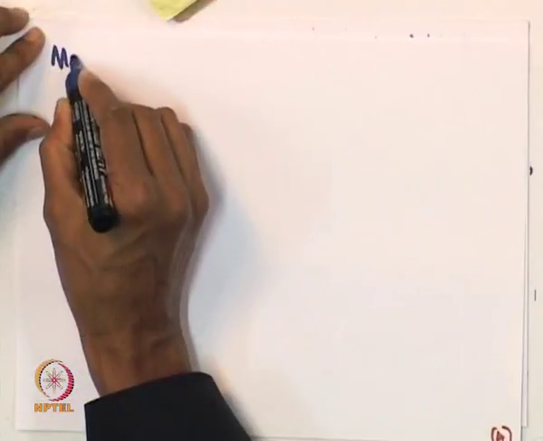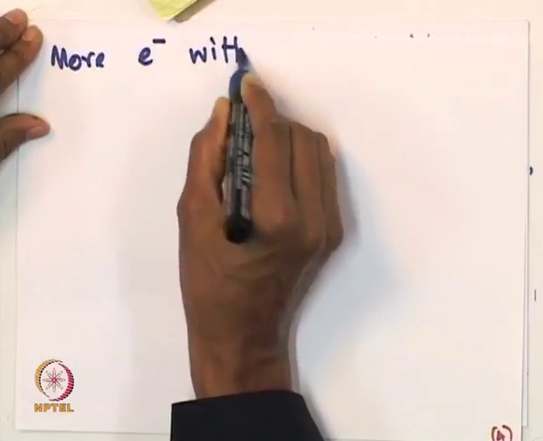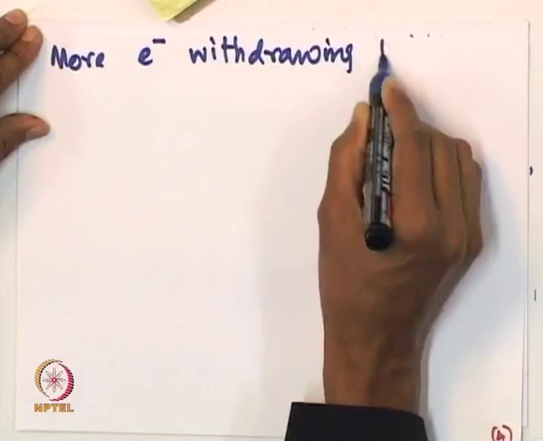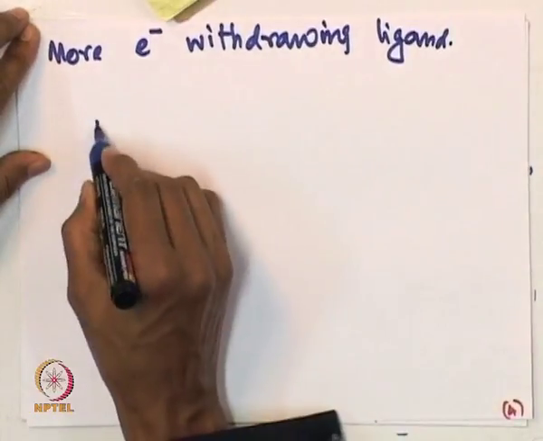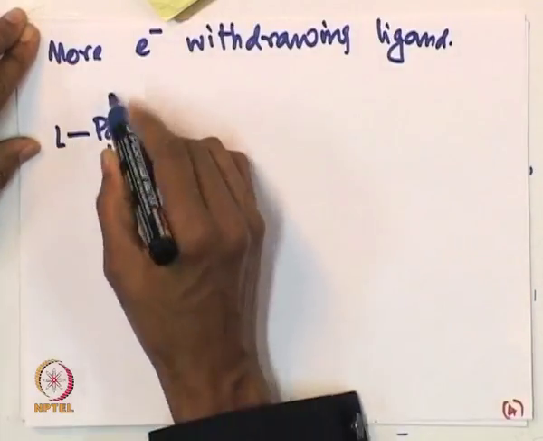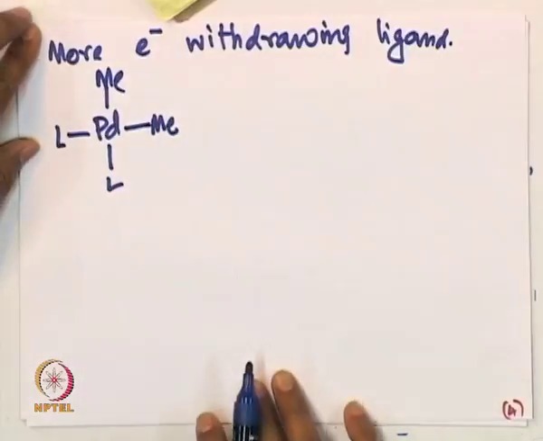Now, of course, another thing we would like to discuss is some more examples of the ligand effect, let's say, the more electron withdrawing ligand. So let's take an example, since we are discussing palladium a little bit. Let's say this is a compound.